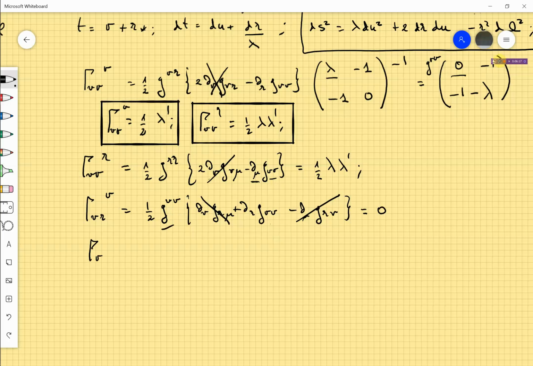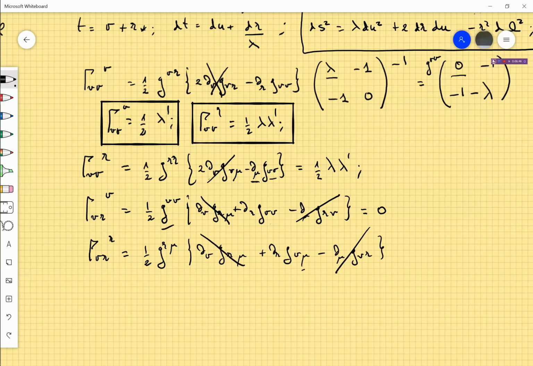The other component that we can consider here is GRR. So partial V, R mu plus partial R, G V mu minus partial mu, GVR. Again, this term cancels for the same reason, because it is constant. This term because nothing depends on v.